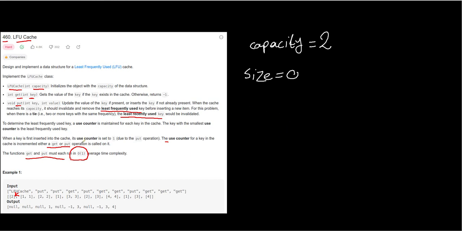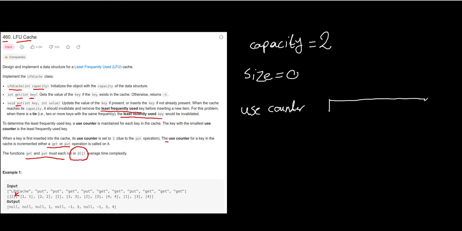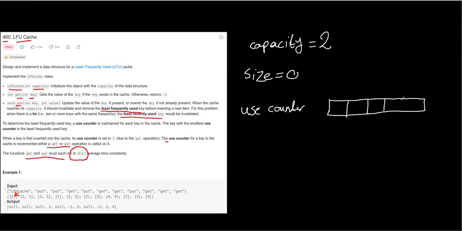Then we have a use counter vector, a table that we will use to know how many times each key was accessed.